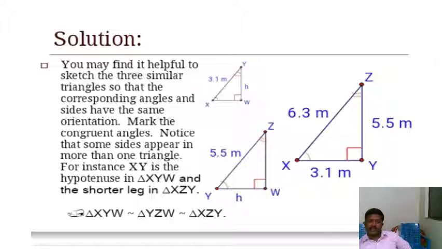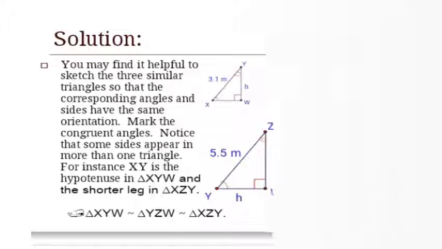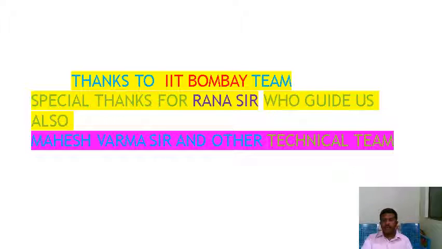So these three triangles are similar. XYW is similar to triangle YZW, similar to triangle XZY. So here we can find the height. Thus, we can solve by using the geometric mean formula the altitude in any right angle triangle.